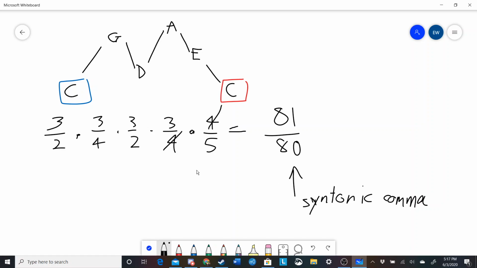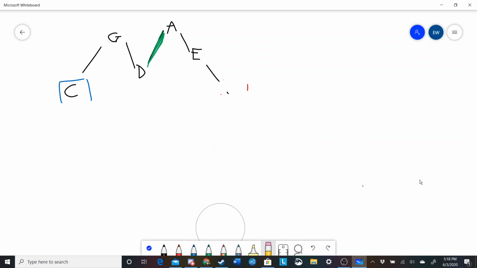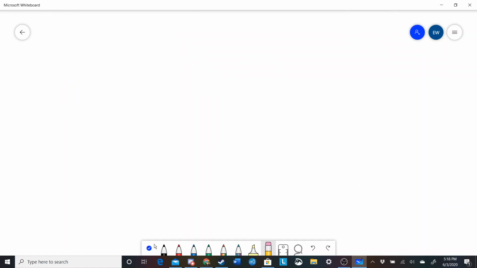The issue comes from this assumption here. We assumed that this interval from D to A, in green right here, was a perfect fifth, 3 to 2. However, if we examine our ratios a little bit more carefully, let me clear this real quick. Let's examine our ratios again.